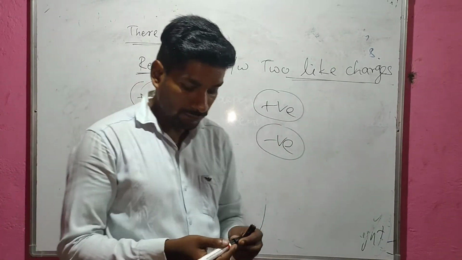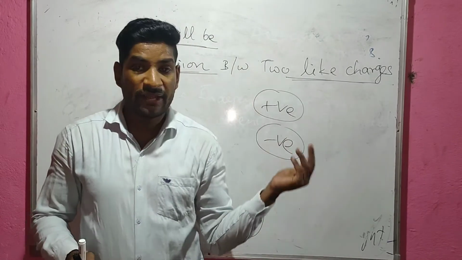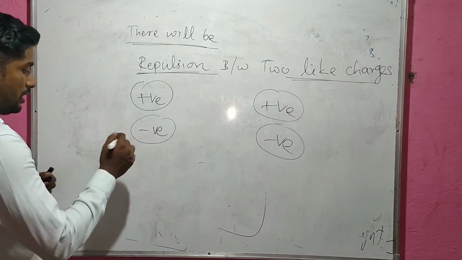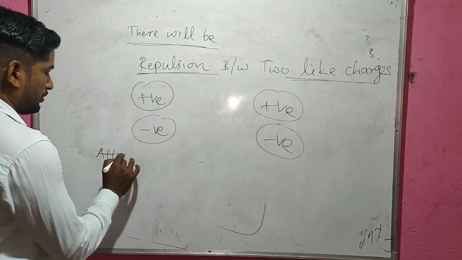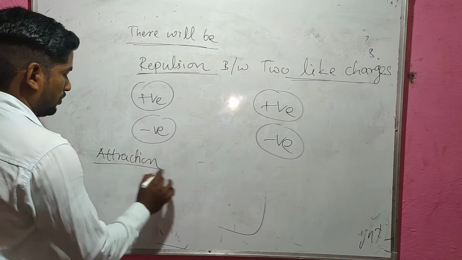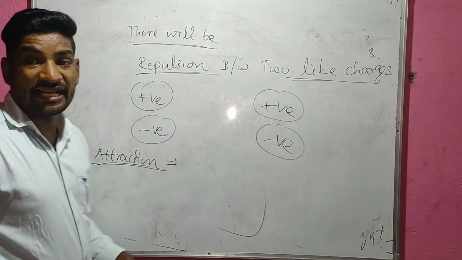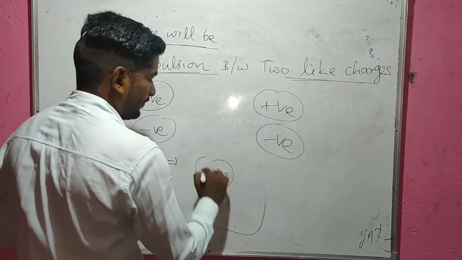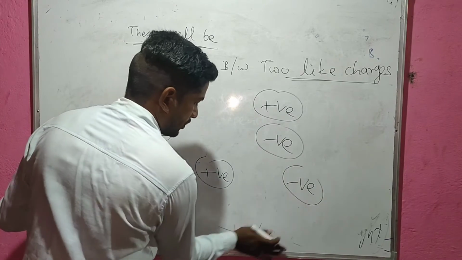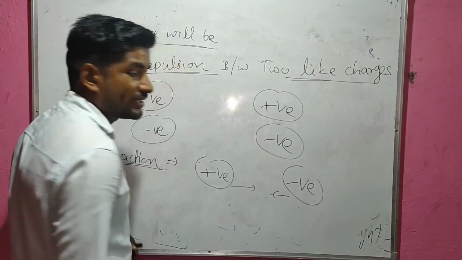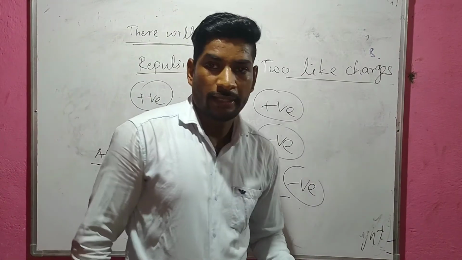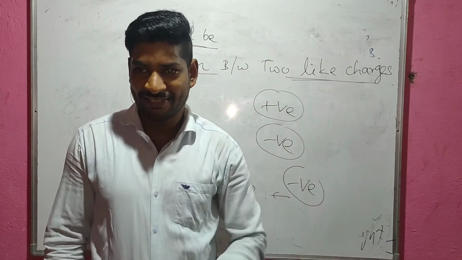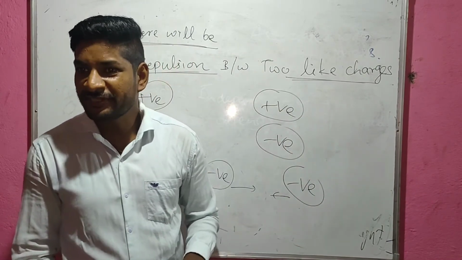It means two charges of the same nature always repel each other, and two opposite charges attract each other, one positive and one negative. As with humans, there is repulsion between the same genders and attraction between opposite genders.